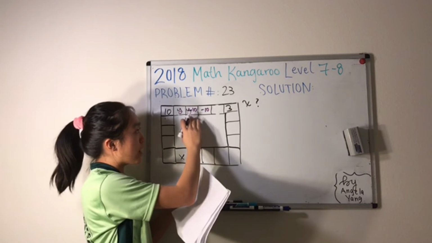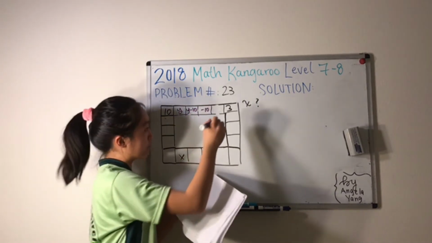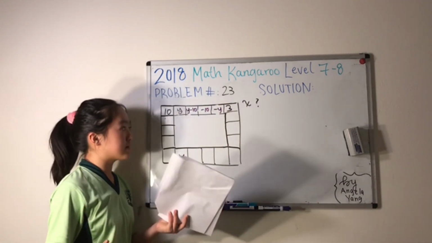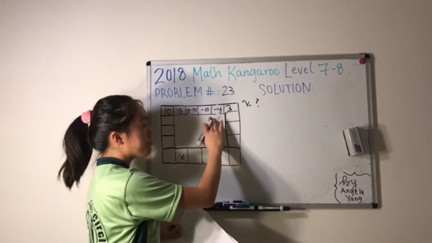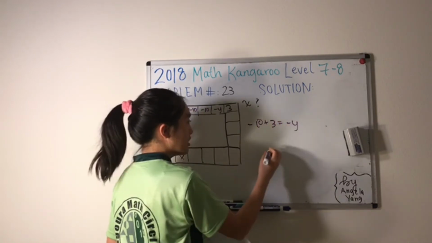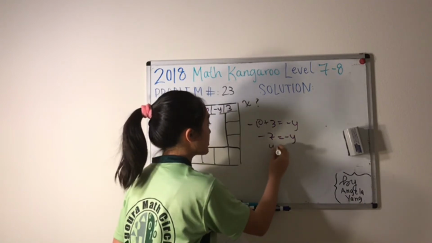And then over here, we have Y minus 10 plus something equal to negative 10, and that something would have to be negative Y. Negative Y plus Y minus 10 equals negative 10. So now we know that negative 10 plus 3 is equal to negative Y. So negative 10 plus 3 is negative 7 equals negative Y, so Y equals 7.